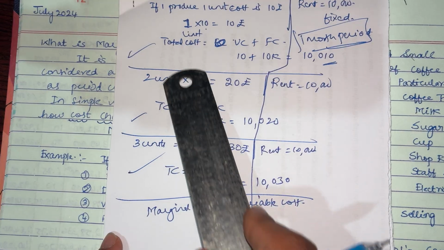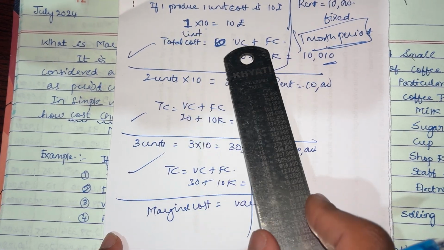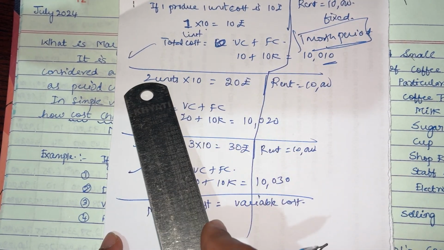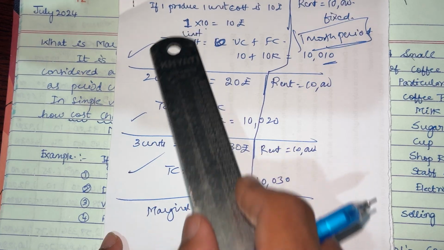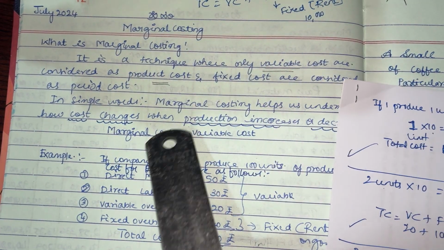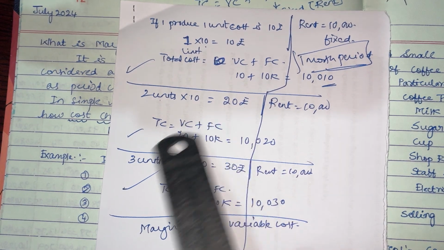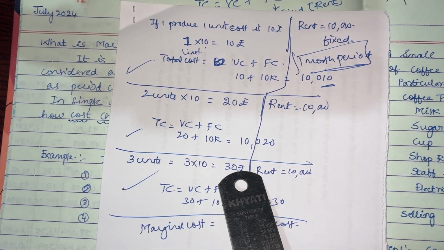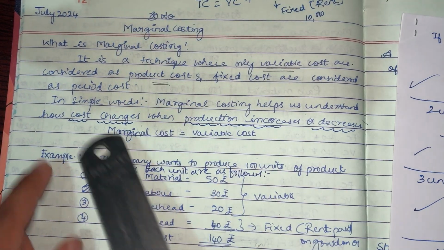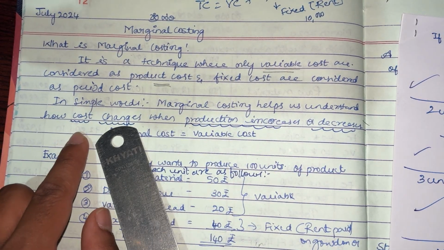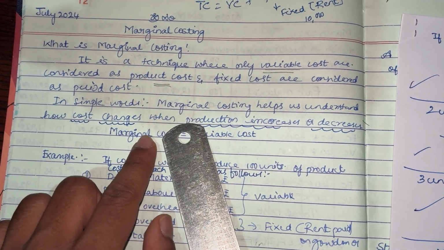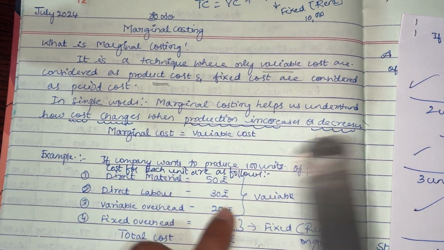These are all variable costs. When you were manufacturing 1 unit, cost was 10 rupees. When production increases, what was the cost? 20 rupees. When production increases again, what was the cost? 30 rupees. So marginal costing helps us to understand how cost changes when production increases or decreases.